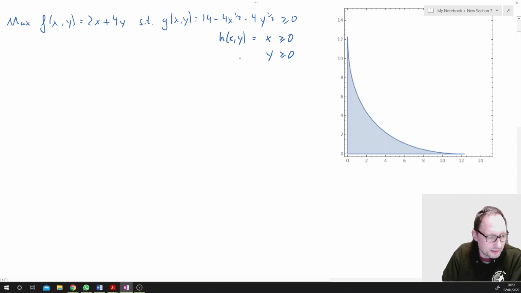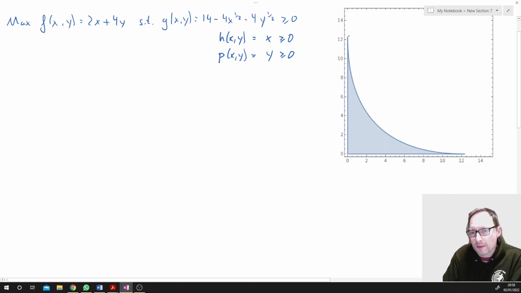Remember, if we apply the Lagrangian method, we want our constraint functions to be formulated such that they are larger or equal to 0. And we'll use a third one, let's call it p of x and y, and that is that y is larger or equal to 0. So these are two more constraint functions. Altogether, we are having 3 constraints.